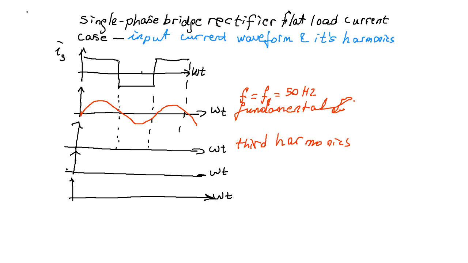However, for the third harmonic, the frequency F3 is equal to 3 times F1. And for the fifth harmonic, F5 is equal to 5 times F1. And for the seventh harmonic, 7 times F1. So the frequency of the third harmonic is something like this.